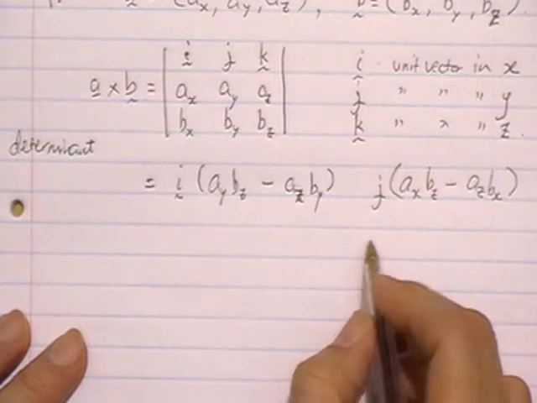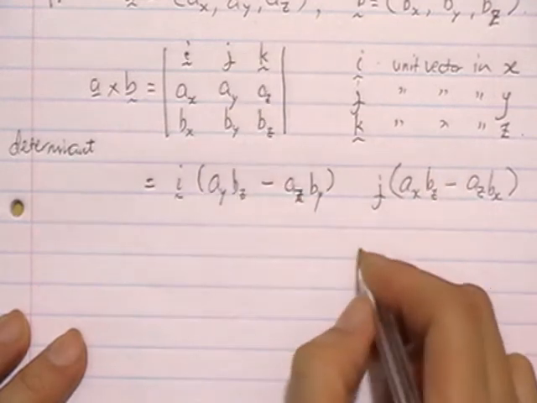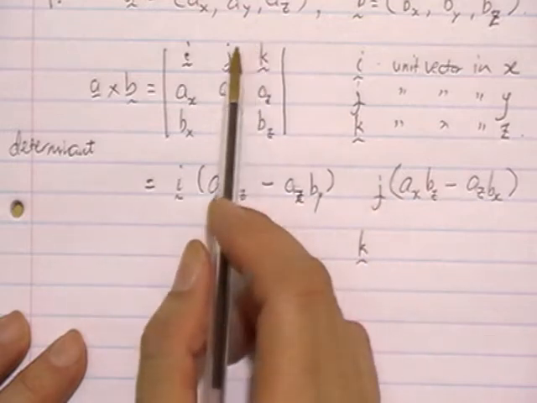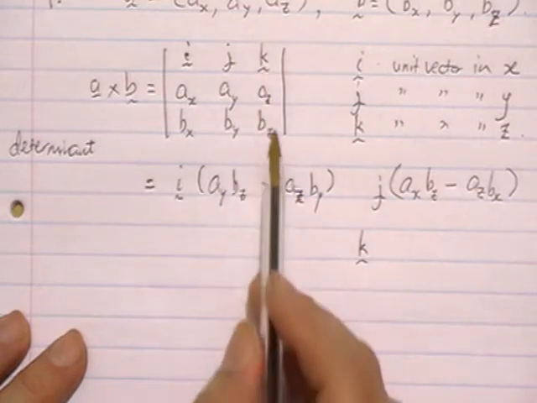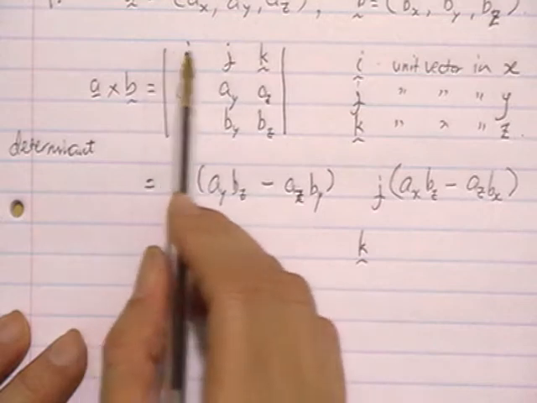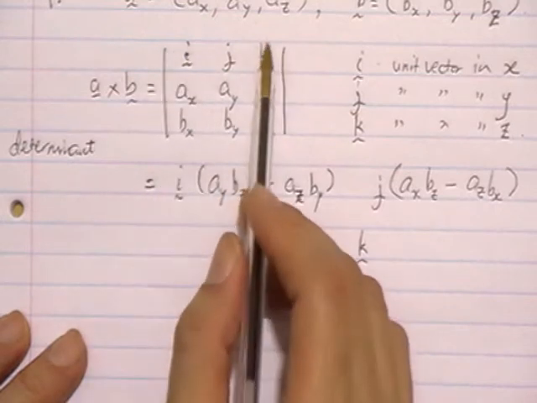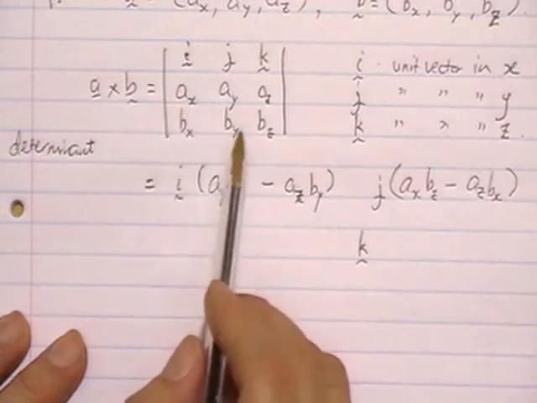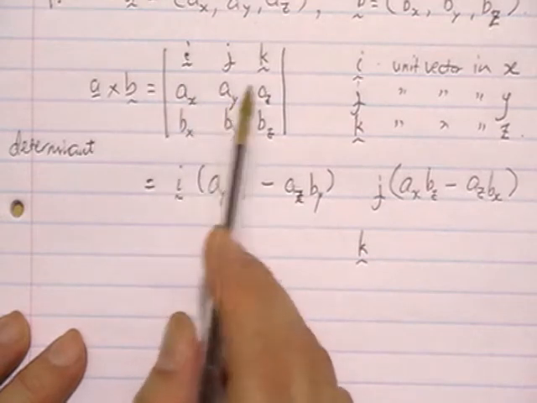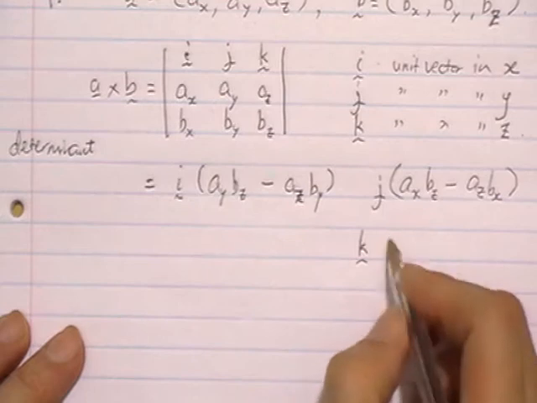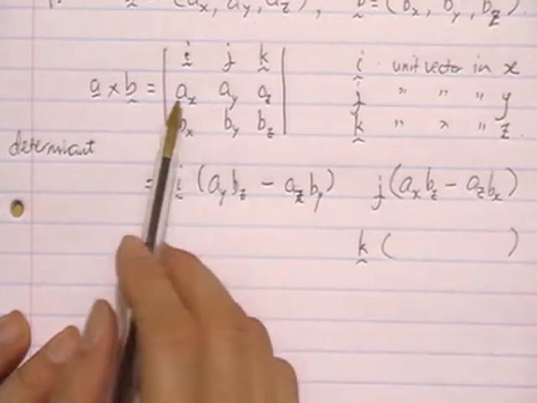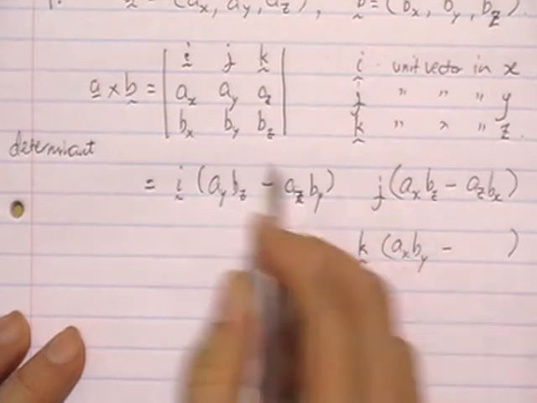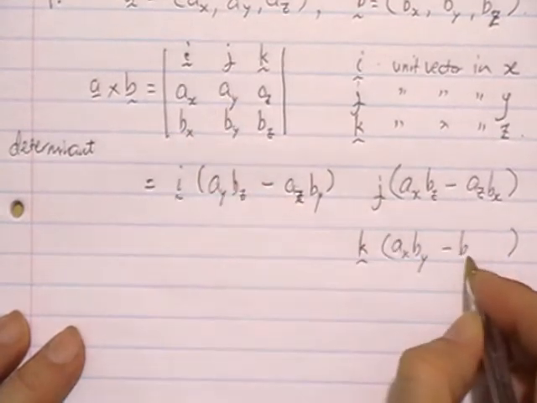The third term, we would then go to the K, and like for the J, I would cross out the column and the row that contain K. Then I'm left with this 2 by 2 matrix. Then I would find the determinant in the same way: AX BY minus AY BX.